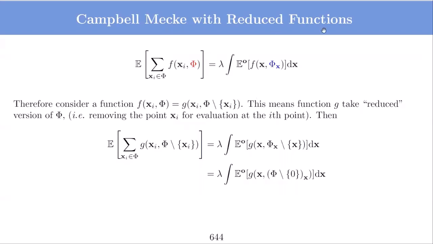So for Campbell-Mecke with a reduced function, in this case I already have this x comma phi, and instead of phi I want a reduced version, which means the view does not include the point xi. So consider a function f(xi, phi) equal to g(xi, phi minus xi).